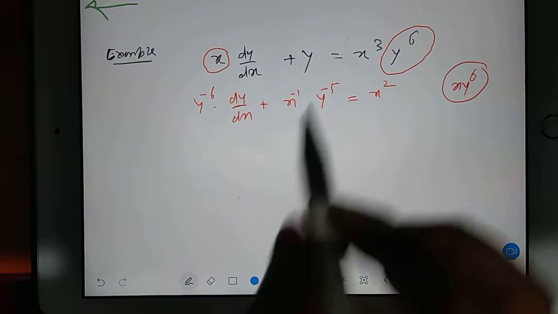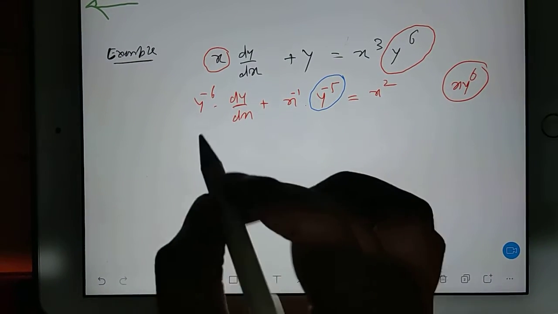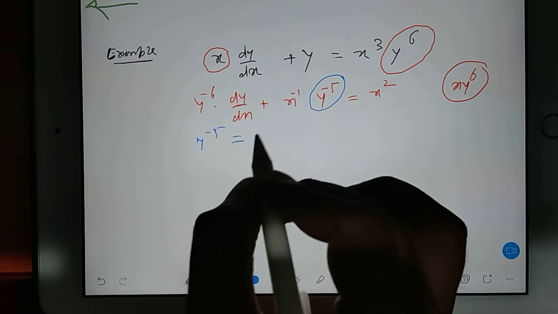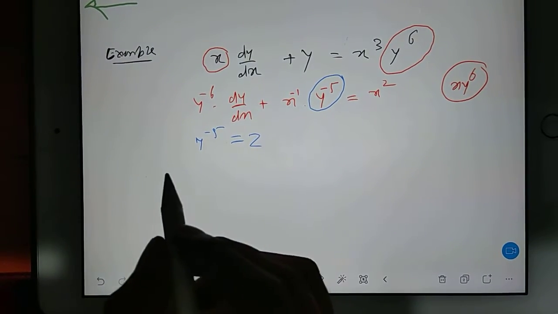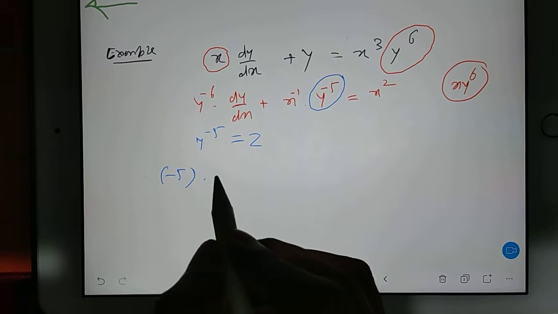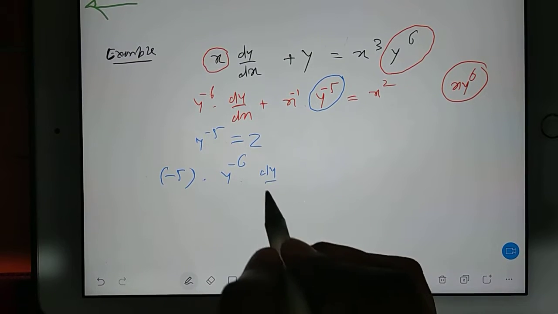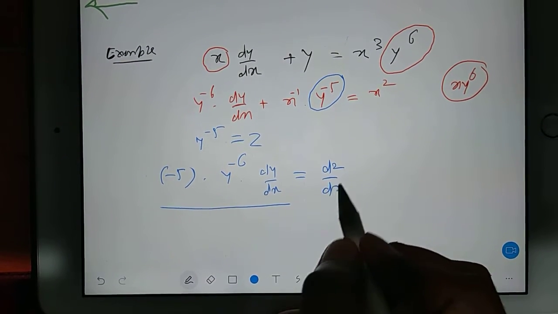Now this you can consider as your z value. So if you consider y power minus 5 is equal to z, and then differentiate: minus 5 will come into y power minus 6 will remain into dy by dx. This will be your differentiation part, is equal to dz by dx.